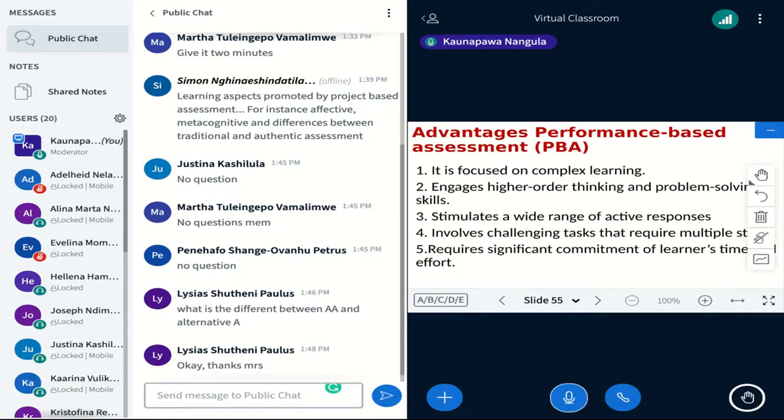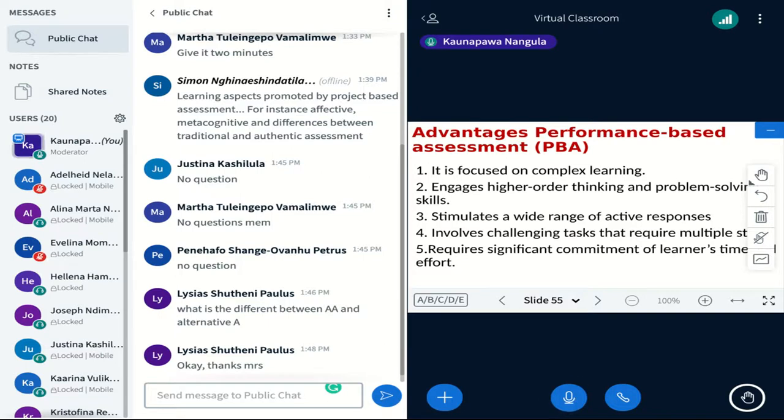Then it engages higher order thinking and problem-solving skills. These are the ones we spoke about in relation to Bloom's taxonomy: creating, evaluating, and analyzing.